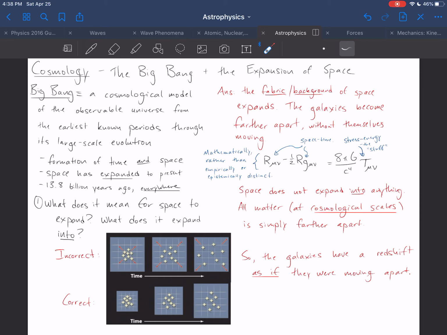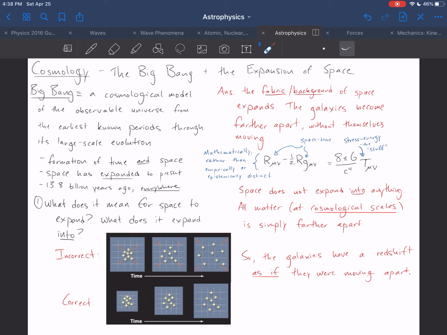But after that, it's more straightforward. We say that space has expanded to its present point in time, and it has been about 13.8 billion years. We will discuss more how we came up with that estimate a little bit later, but the general idea is, as I said, with Hubble's law, if you just run the movie backwards, where does it begin?